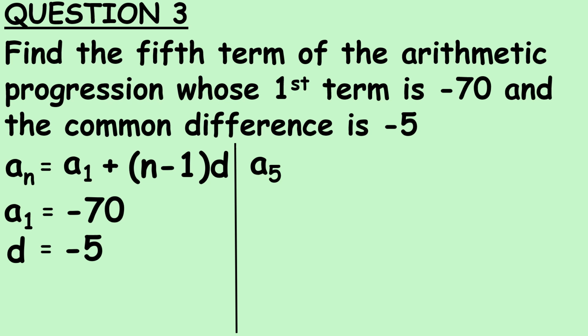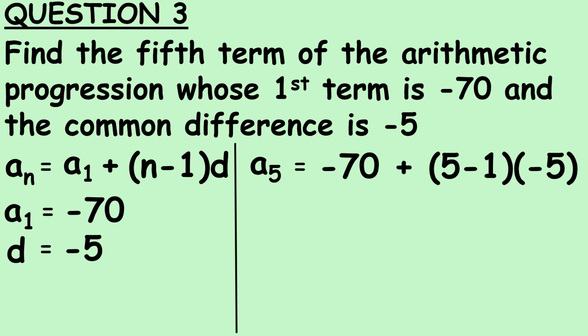So A5, because n is equals to 5, is equals to A1, that's minus 70 plus 5 minus 1 times 5. So all we are doing is we're using this equation. So what is our n? Our n is 5, because we're looking for the 5th term. What is our A1? Our A1 is the first term, which is minus 70. So we put minus 70 here.